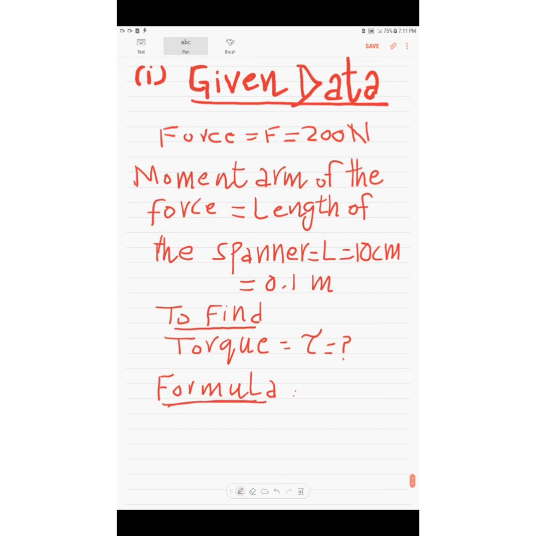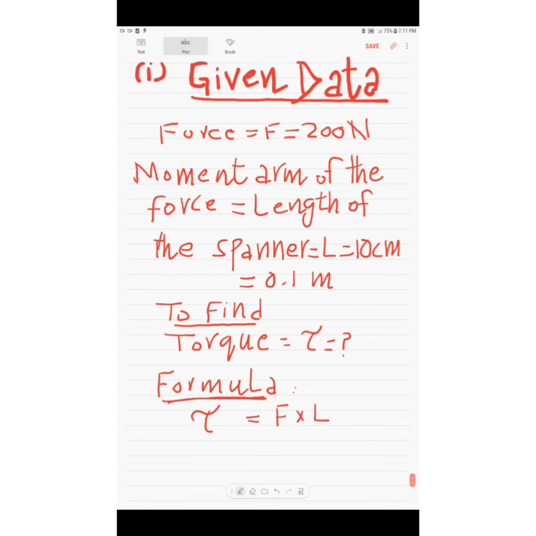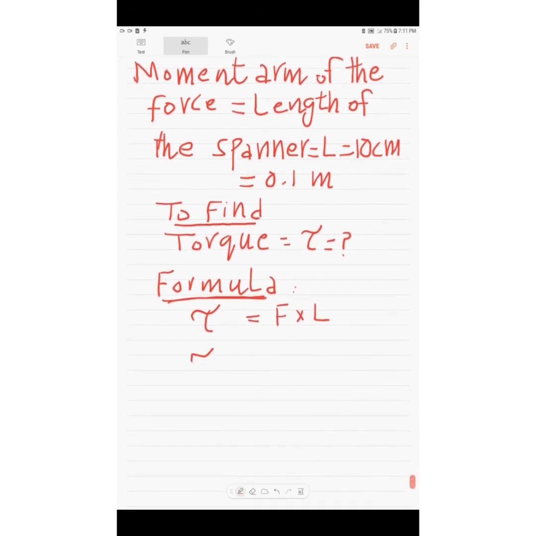Underline it. Tau is equal to F into L. Put the values. Tau is equal to F is 200 Newton and L is 0.1 meter. So answer for tau is 20 Newton meter.